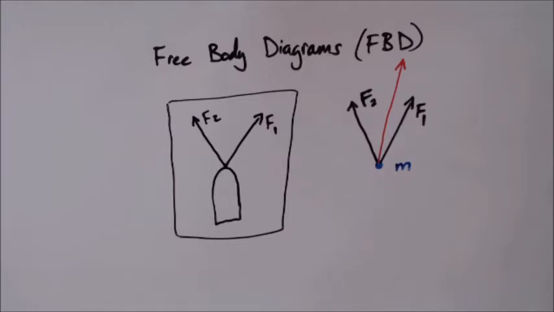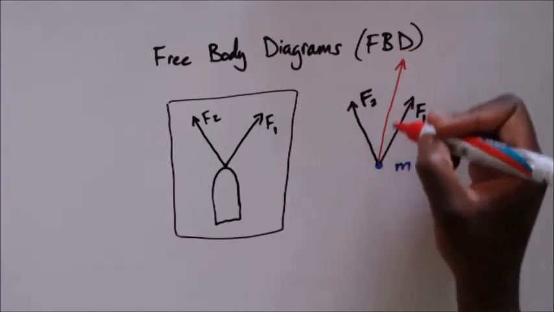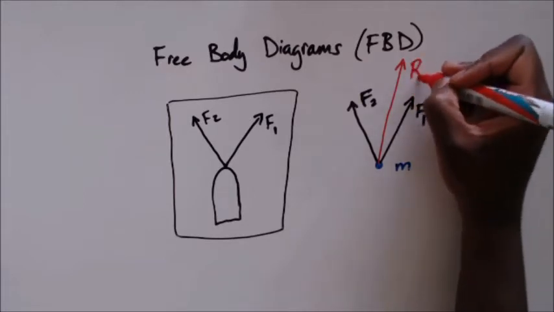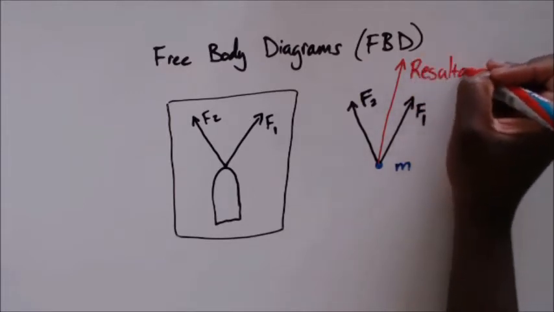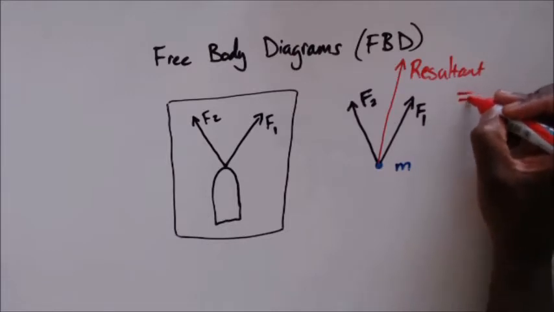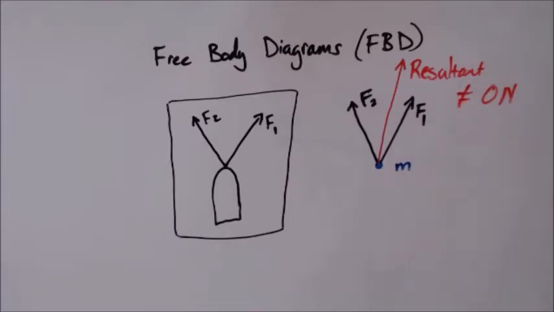So Newton's first law says that this body, because it's acted on by an unbalanced resultant force, so this resultant force is unbalanced in that it is not zero. So that resultant is not equal to 0 newtons. Because that body is acted on by that resultant force, it will accelerate. Newton's second law, as we'll see in the next section, will tell us about how large that acceleration will be.